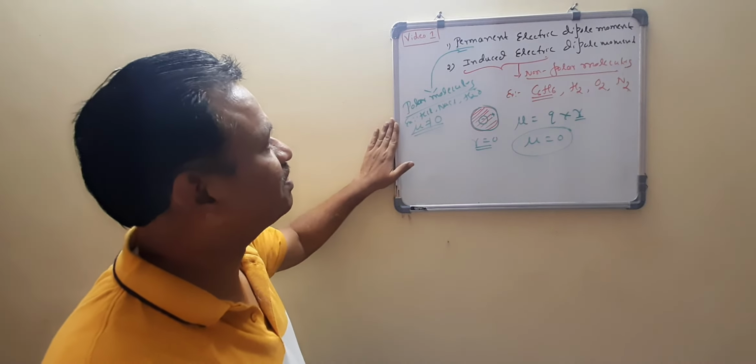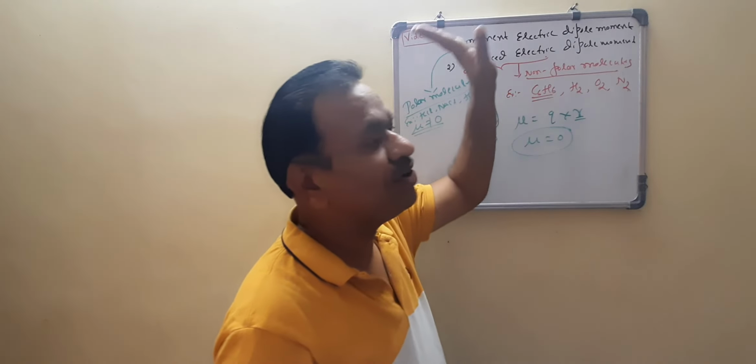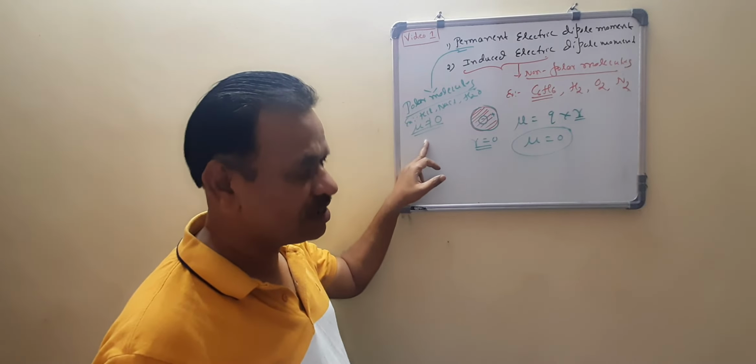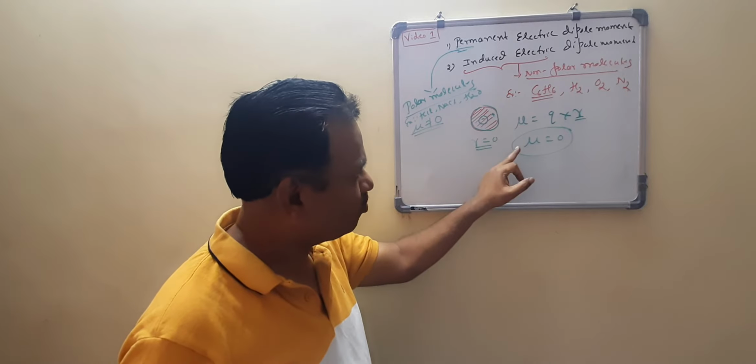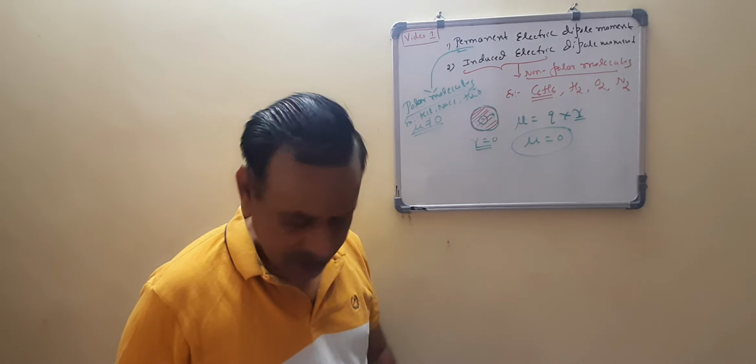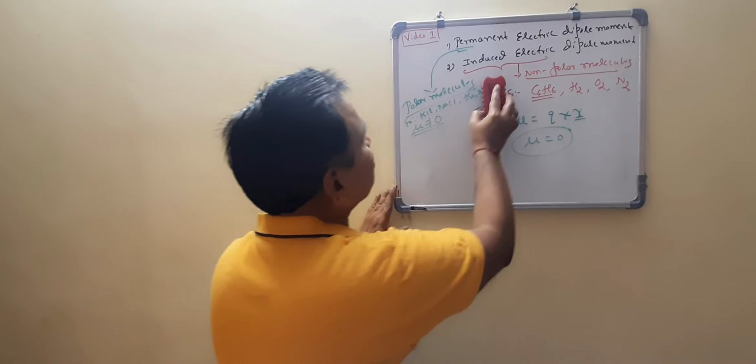This is the difference between the polar molecule and the non-polar molecule. In a polar molecule, the dipole moment is not equal to 0. In a non-polar molecule, the dipole moment equals 0.